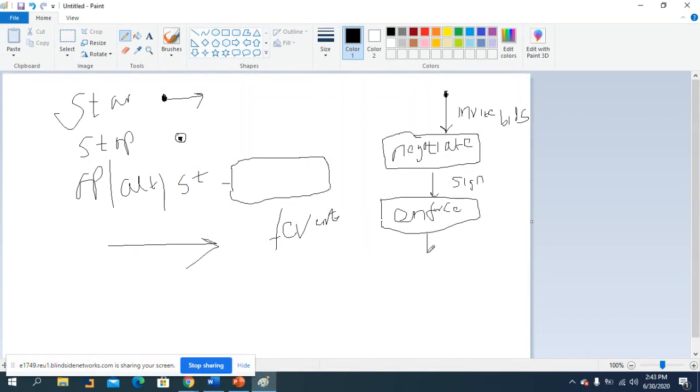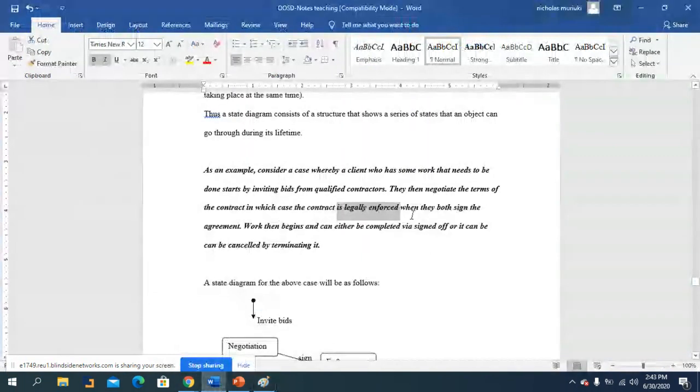Then what else are we supposed to do? Let's look at that thing that we are supposed to do here. Work then begins and can either be completed via sign off, or it can be cancelled by terminating it. So there are two things happening here.